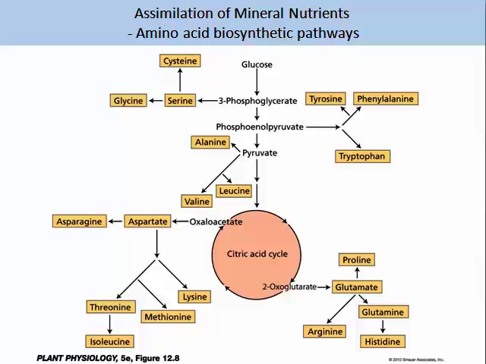The figure on the slide describes the amino acid biosynthetic pathway. Glucose is converted into 3-phosphoglycerate. This is then converted into phosphoenolpyruvate, which is then converted into pyruvate, which enters the citric acid cycle. You can see at the various stages the different amino acids that can be metabolized.